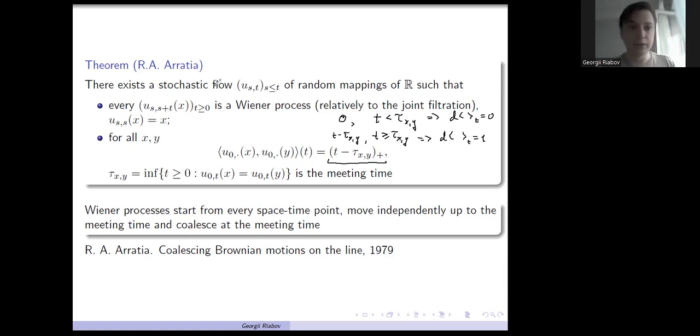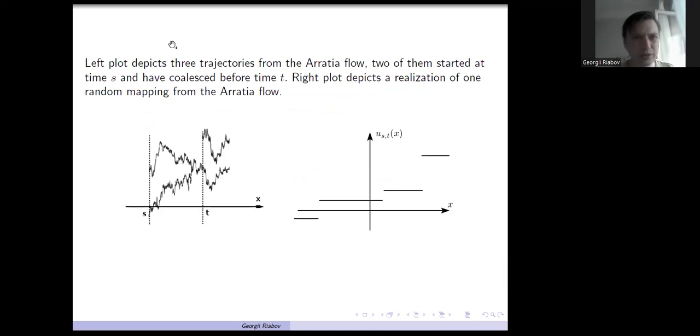And this intuition is exactly what happens. So on these two pictures, on the left one, we see two trajectories in the Arratia flow. They started at time s, they have met before time t, and then they continued their motion as one trajectory.